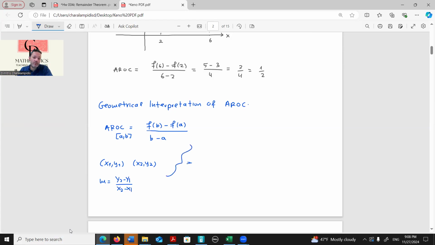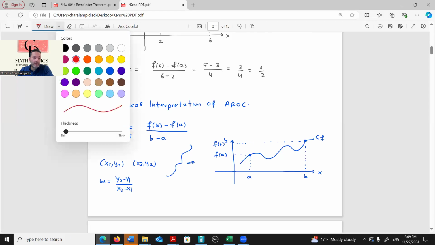Can I combine these two? Of course I can. Look at the graph. Assume that we have the graph of that function f. And assume as well that this is the point with coordinates a and f of a, and that this is the point with coordinates b and f of b. We have 2 points.